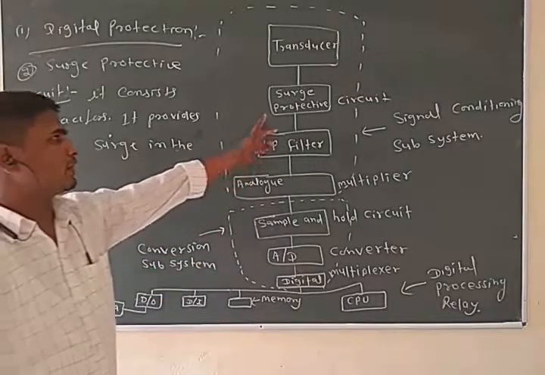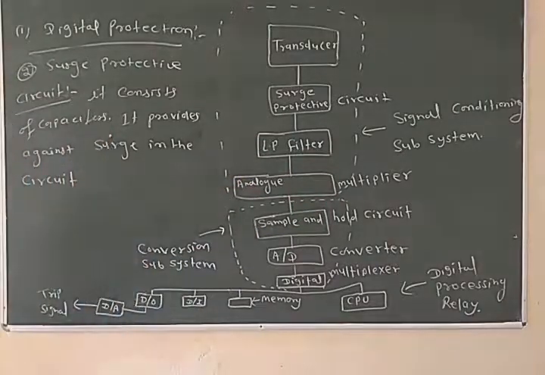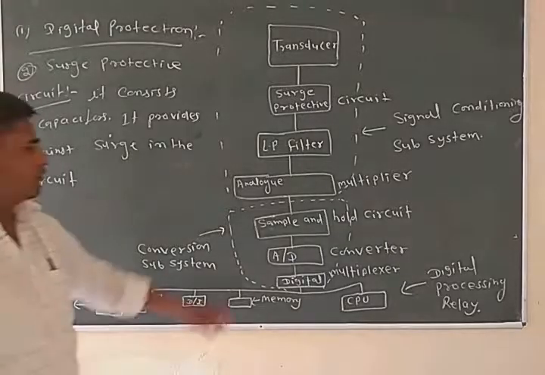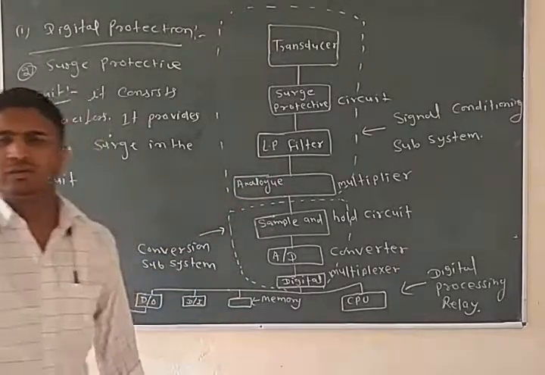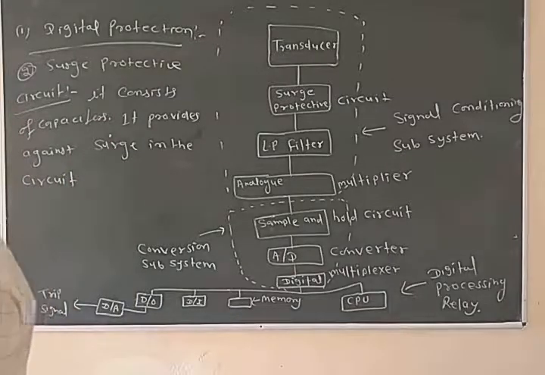Hence, we use the surge protective circuit. A surge protective circuit consists of capacitors, isolating transformers, and Zener diodes, which are also commonly used to protect electronic circuits against surges.